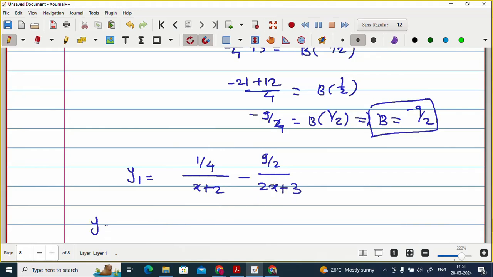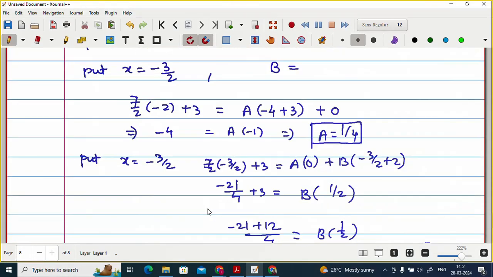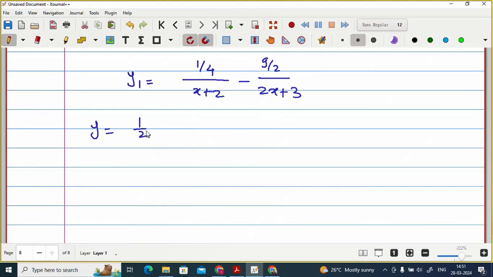This is y1, and our y is in fact 1 by 2 minus y1. So the original y is 1 by 2 minus 1 by 4, 1 upon x plus 2, minus 9 by 2, 1 upon 2x plus 3.